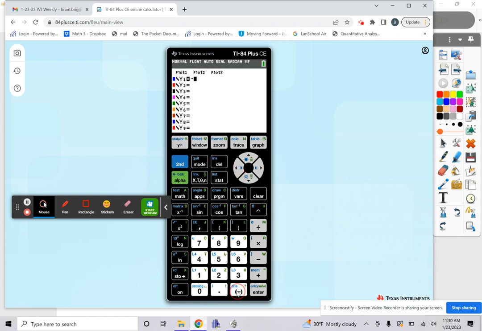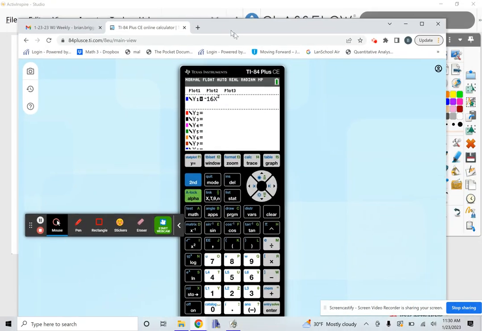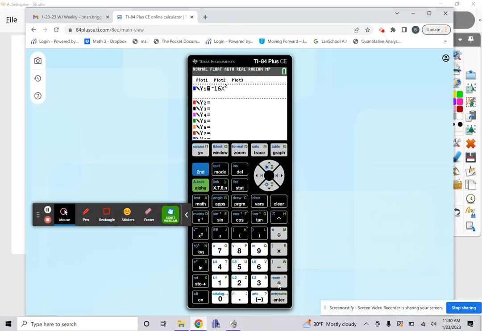Sorry, go to y equals. We're gonna click negative 16 x squared plus 80x plus 224.